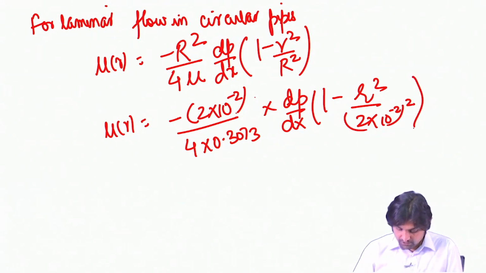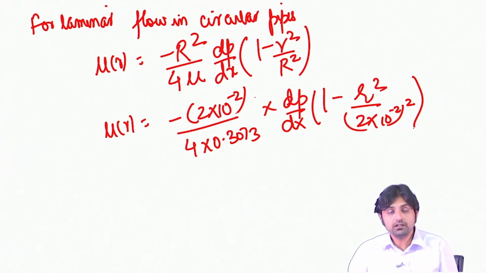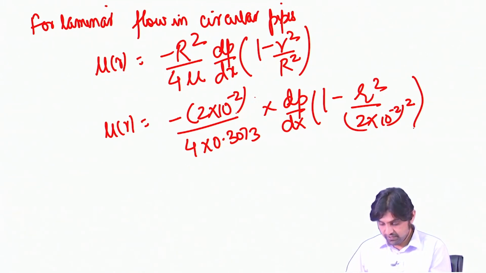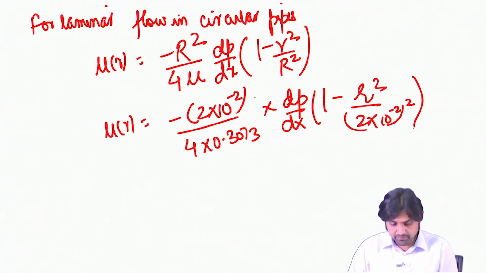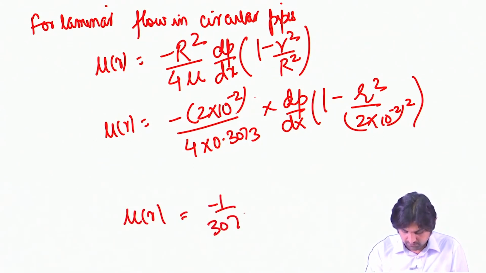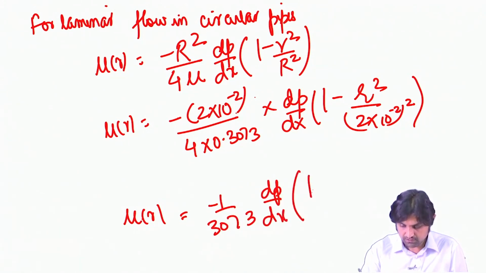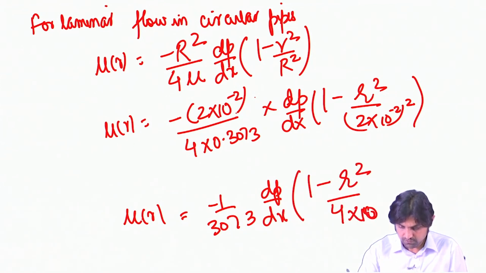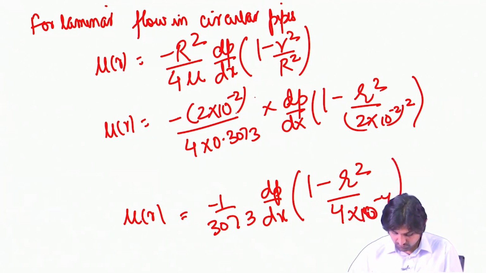Okay, so this is the profile that we are able to find. If we want to simplify it further, we can simply write u of r as minus 1 by 3073 dp dx into 1 minus r square by 4 into 10 to the power minus 4.